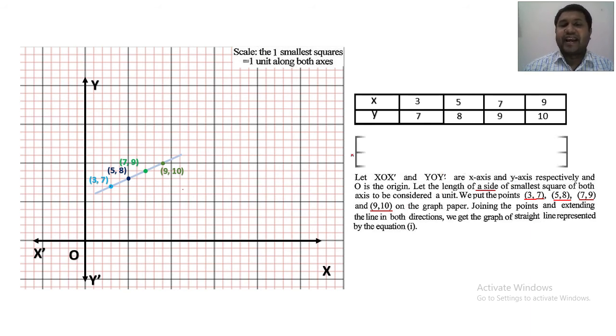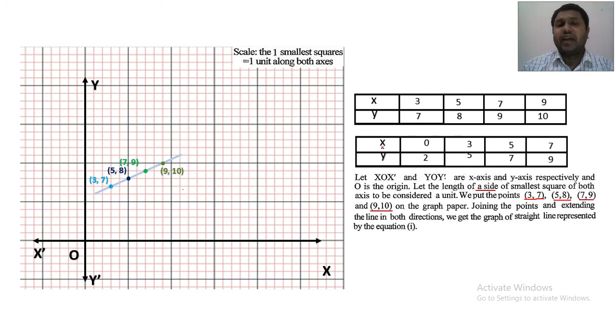Now look at the second table, x and y. So this is the table. 0 comma 2 is the first coordinate, so I'm going to put it here. x is 0 and y is 2. So here it is, 0 comma 2.